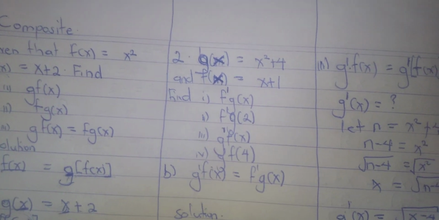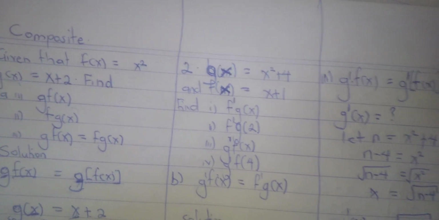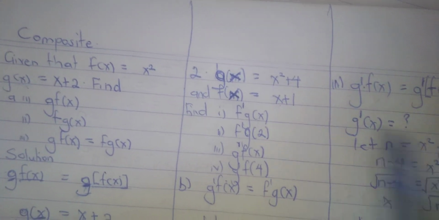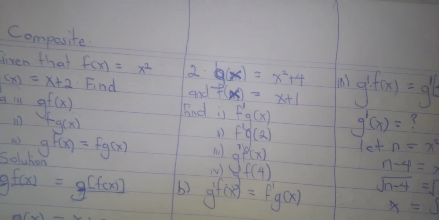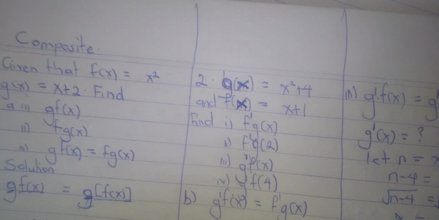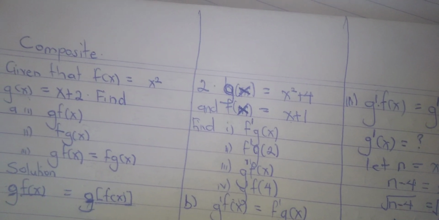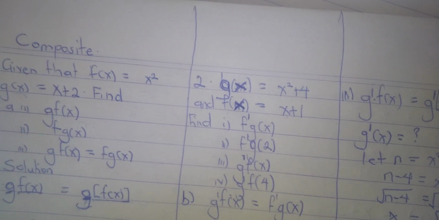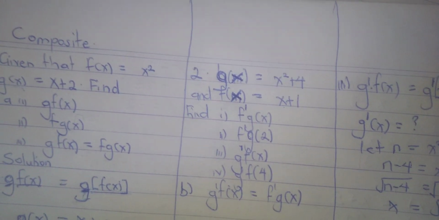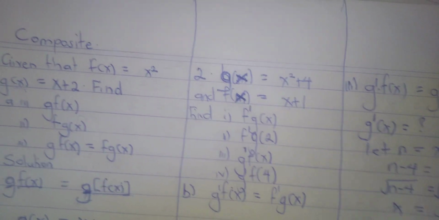So what is f of x? f of x was given as x plus 1. So ideally, where there is x we put x plus 1, because we said where we see x we shall be substituting in the child.